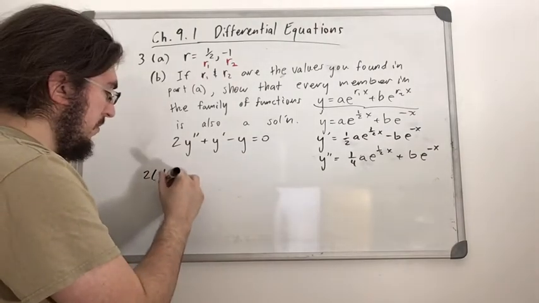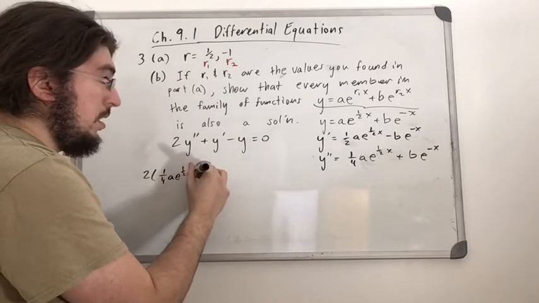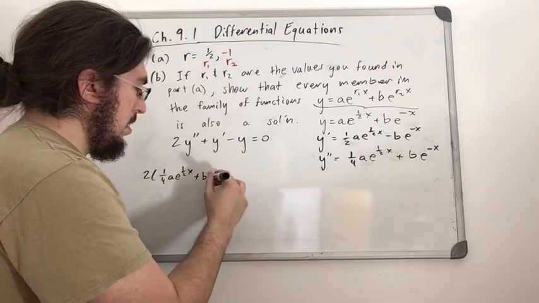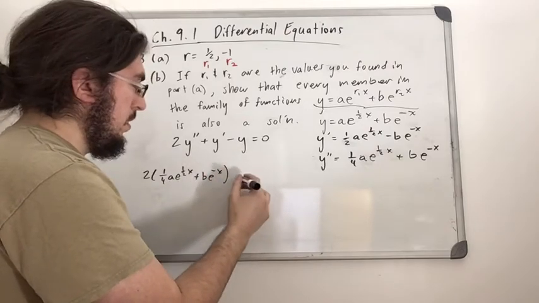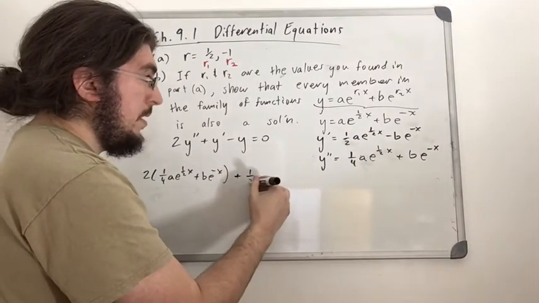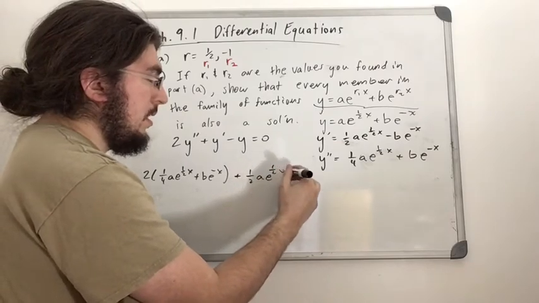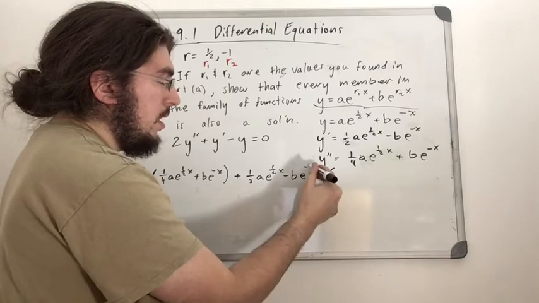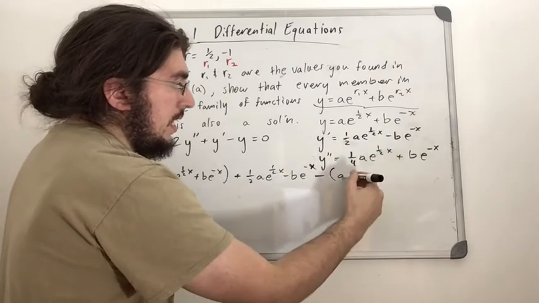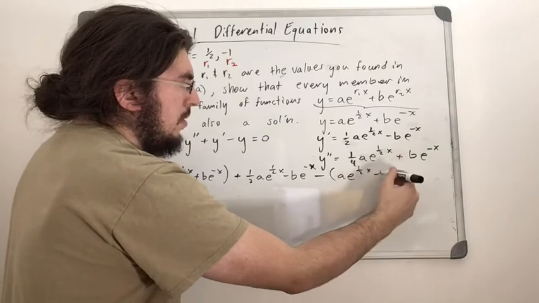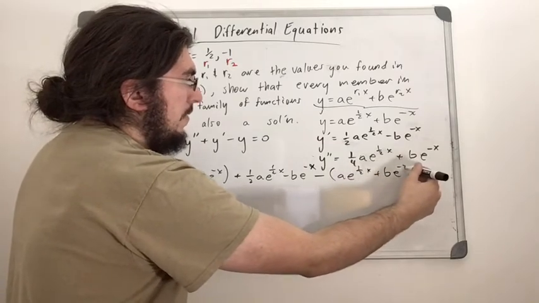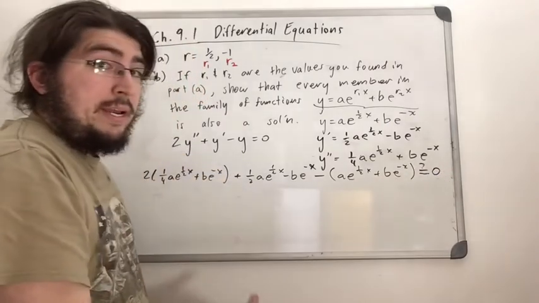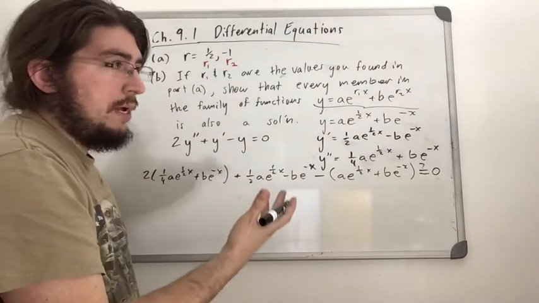So 2 times 1/4 a e to the 1/2 x plus b e to the negative x, plus y prime, so 1/2 a e to the 1/2 x minus b e to the negative x, minus y. Y is a e to the 1/2 x plus b e to the negative x, and hopefully this whole thing becomes 0, meaning all of these terms are going to cancel out somehow.